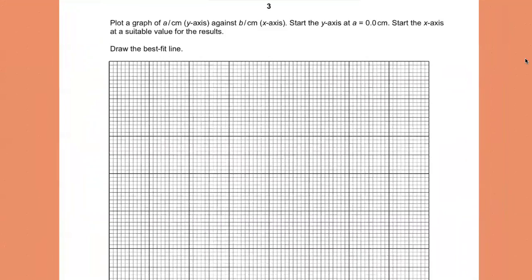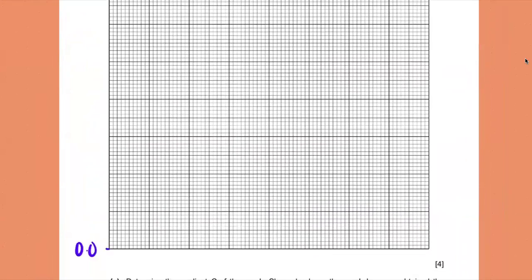First off, let's label our axis, which in this case is A in centimeters. This starts from 0.0, then 2.5, 5.0, 7.5, 10.0, 12.5, and 15.0.